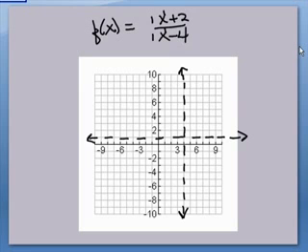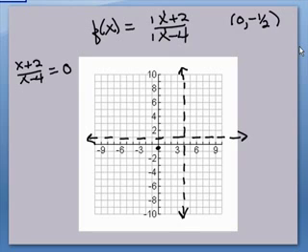Okay. And then the y-intercept, so if we plug in 0 for x, we're going to get 0 plus 2 over 0 minus 4. So 2 over negative 4 is negative 1/2. So 0, negative 1/2. Okay, how about an x-intercept? For an x-intercept, we want the whole fraction to equal 0. And the only way the fraction is going to equal 0 is if the numerator is equal to 0.